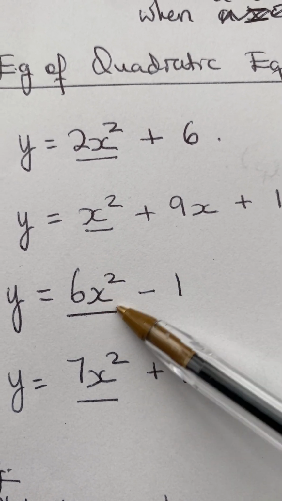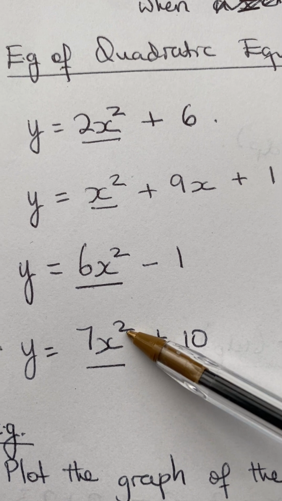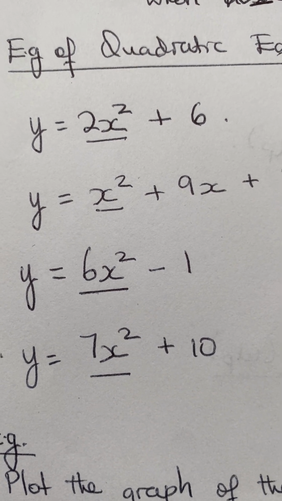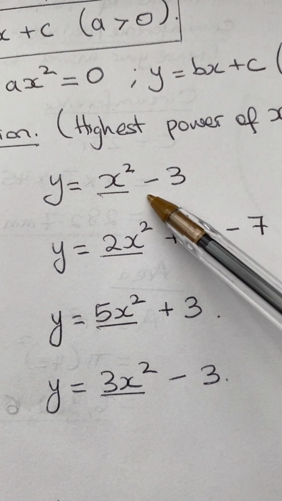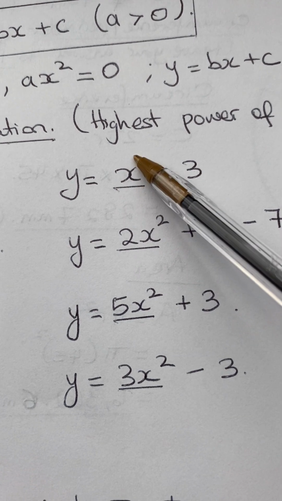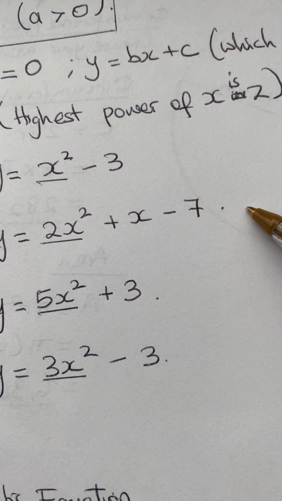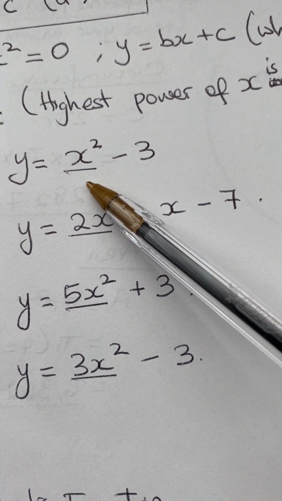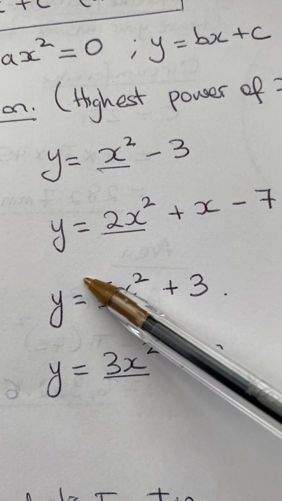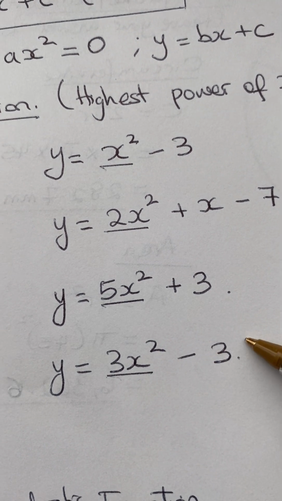Again, because of this x squared, it's a quadratic graph. y equals 7x squared plus 10, again the x squared. y equals x squared minus 3, again the x squared. y equals 2x squared plus x minus 7, again the x squared. y equals 5x squared plus 3, and y equals 3x squared minus 3, again the x squared.